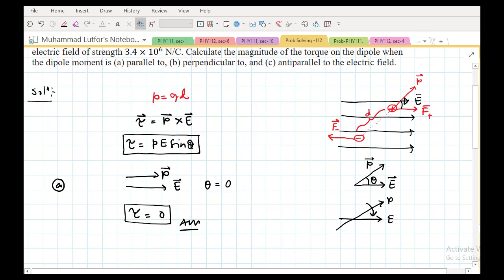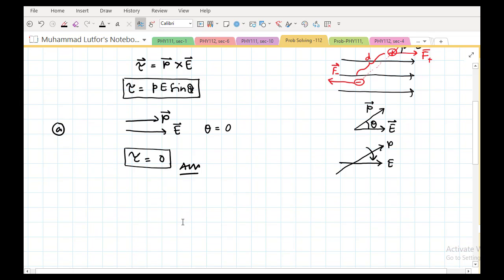Fine. In the second question, what will the torque be when the dipole is perpendicular to the electric field?